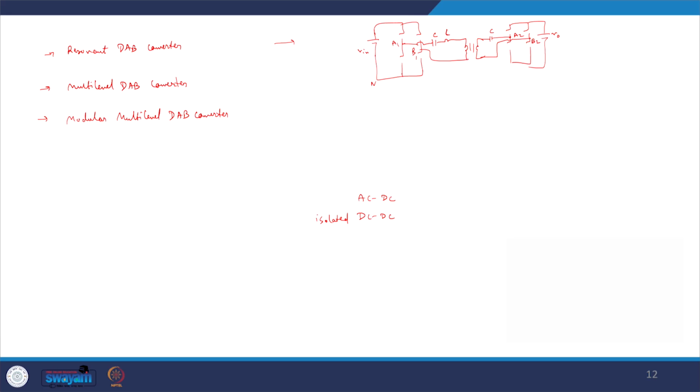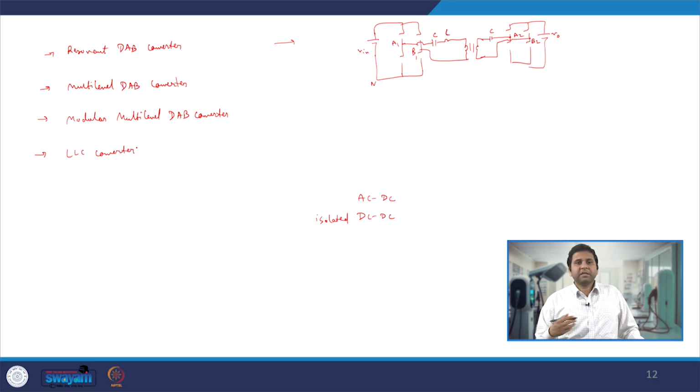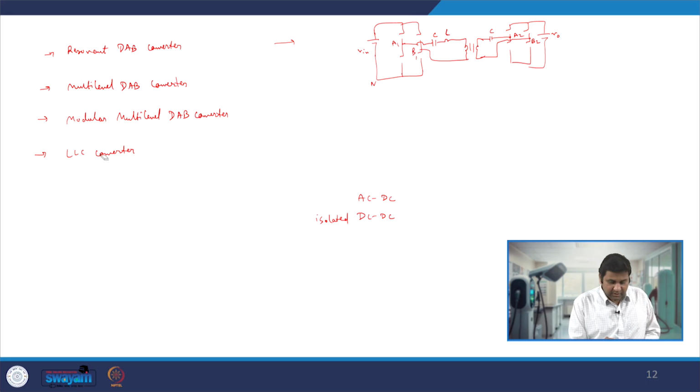There are also other topologies, the resonant based converters called LLC converters, which are used very frequently in applications where you want step down operation. So one can look at the LLC based resonant converter as well, which has transformer isolation.